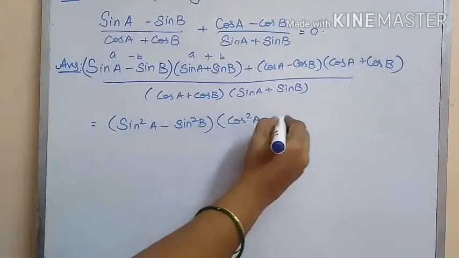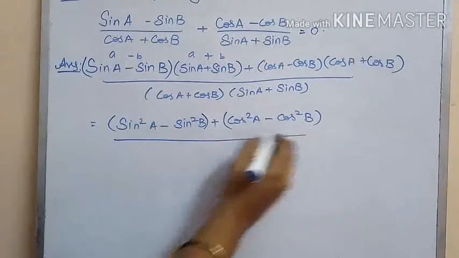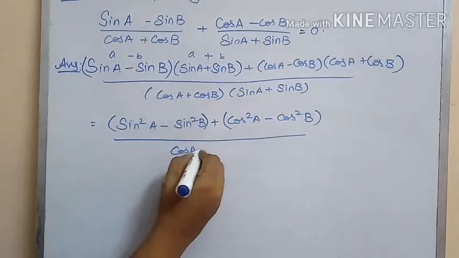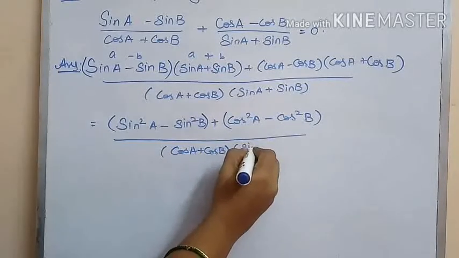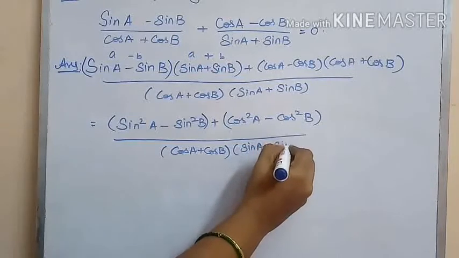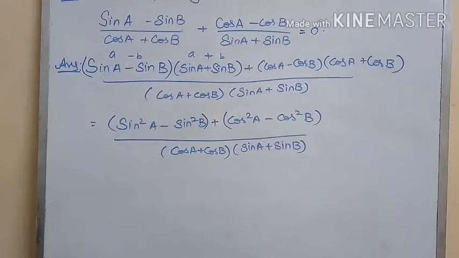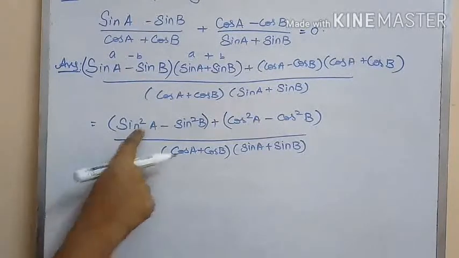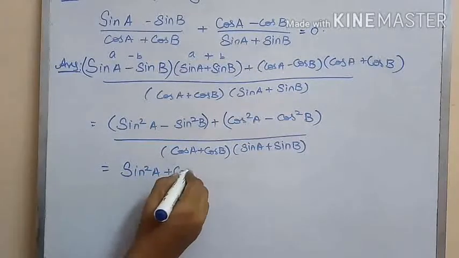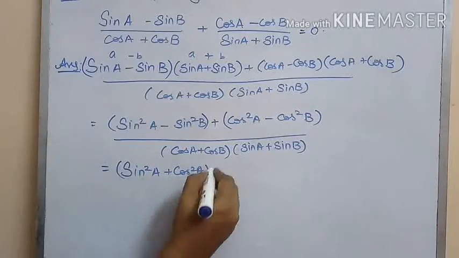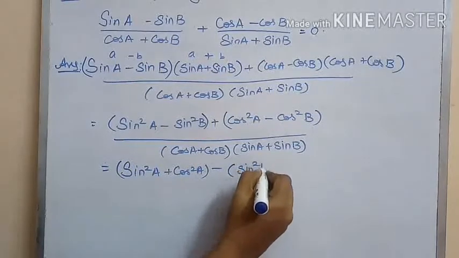plus cos squared A minus cos squared B. And in the denominator, we can write it as it is, cos A plus cos B into sin A plus sin B. In the numerator, we can write sin squared A plus cos squared A together, and bringing out negative sign, we can write sin squared B plus cos squared B together.